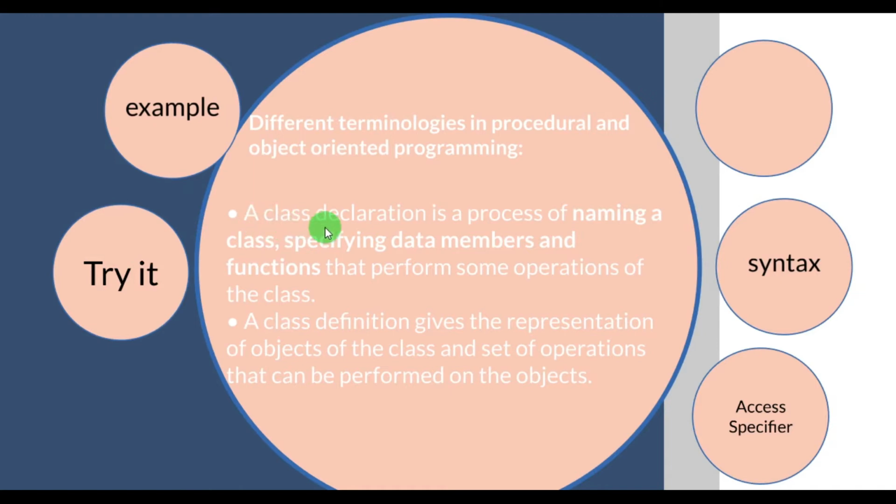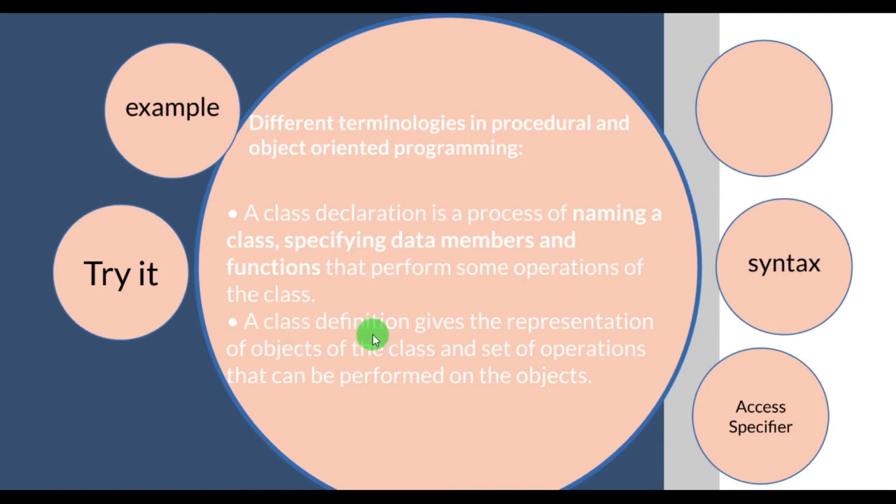So a class declaration is a process of naming a class, and we are going to specify data members and member functions, and these data members and member functions are performing some operations on a class. So this is what a class is. And one more definition.